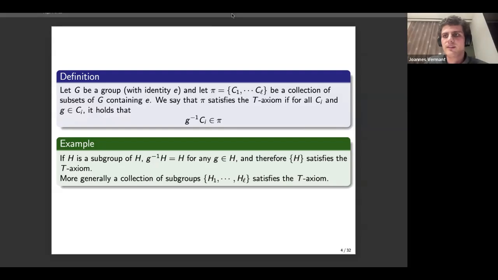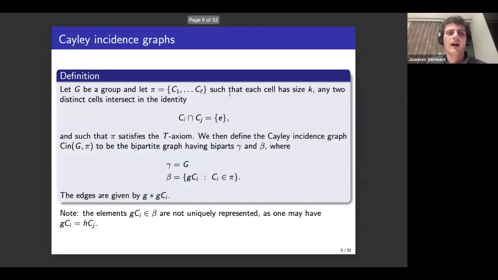And then we use this T axiom to define Cayley incidence graphs. So if we have a group G, and a collection Π of cells which satisfies the T axiom, then we can define the Cayley incidence graph if there are two additional properties.